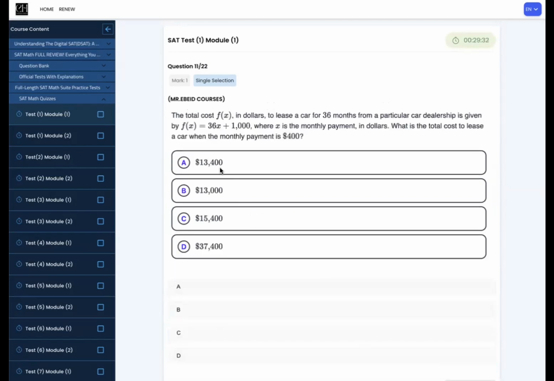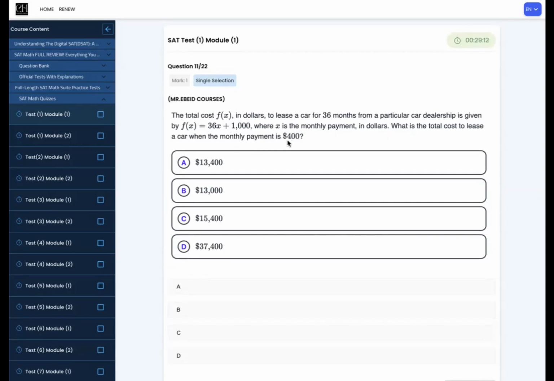Question 11. The total cost f of x in dollars to lease a car for 36 months from a particular car dealership is given by f of x equals 36x plus 1000, where x is a monthly payment in dollars. What is the total cost to lease a car when the monthly payment is 400?